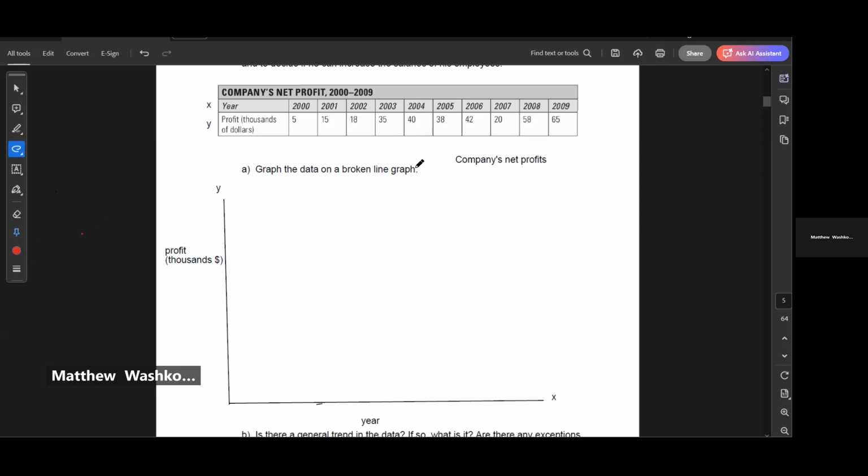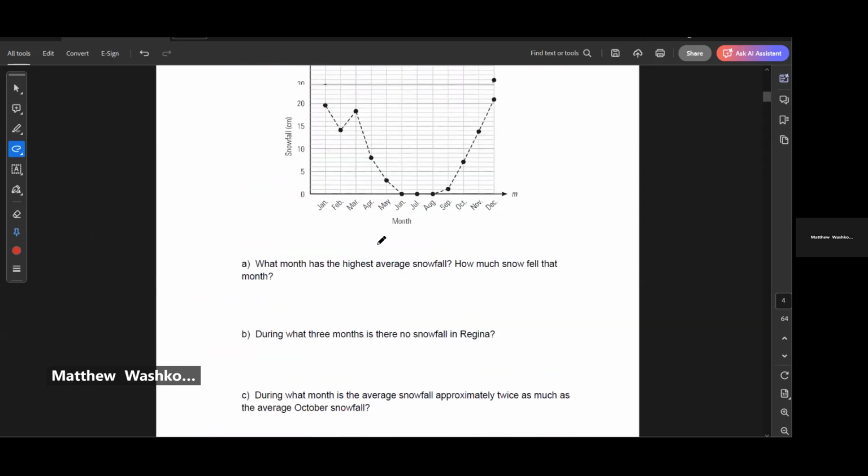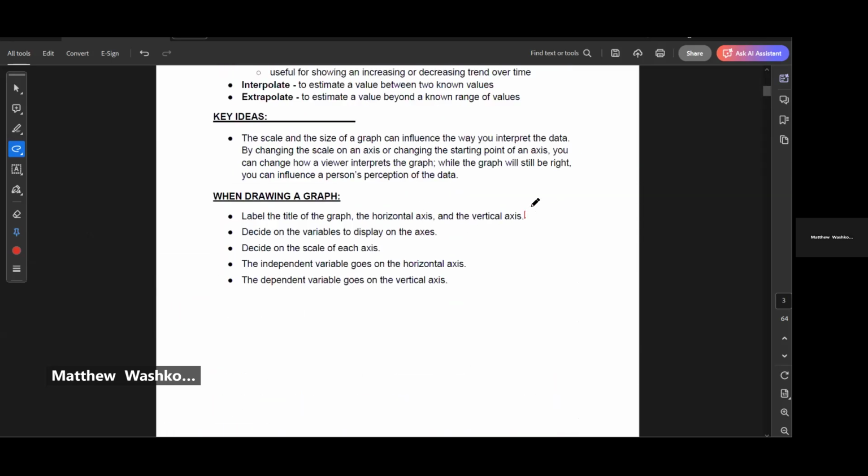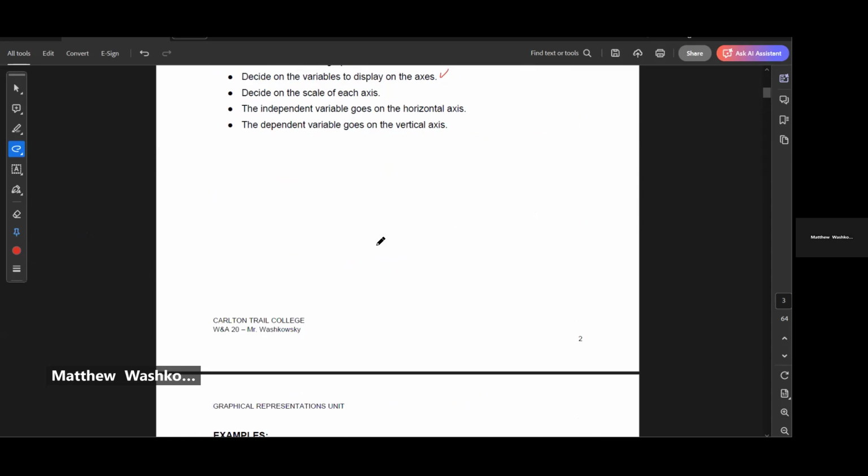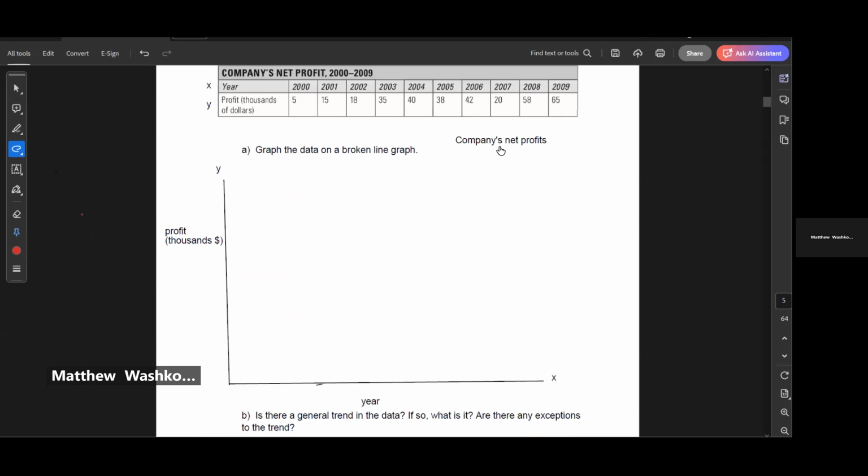So next thing I need to do. I've done check, I've done check. Decide on the scale of each axis. Okay, so what does that mean? So on the x-axis here, well, there's 1, 2, 3, 4, 5, 6, 7, 8, and there's 9 data, sorry, 10 data points there.